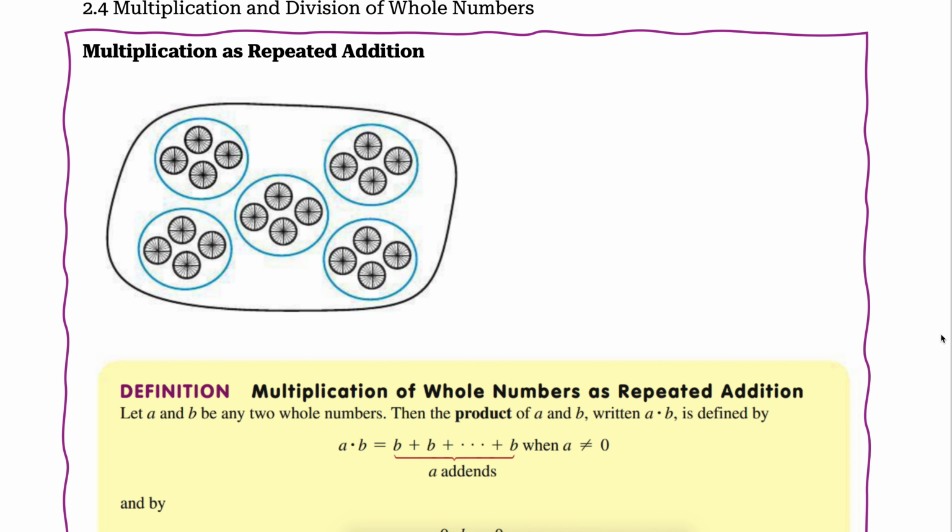It would be 4 plus 4 plus 4 plus 4 plus 4. But instead of writing that out, it can get a little tedious. We just use multiplication. We have 5 groups of 4, so 5 times 4. So again, great way to start. Multiplication is just repeated addition.